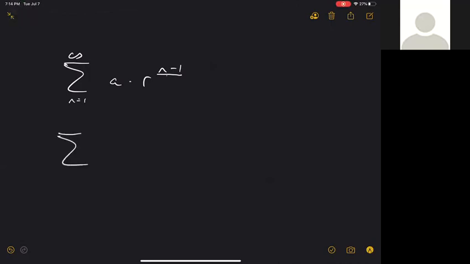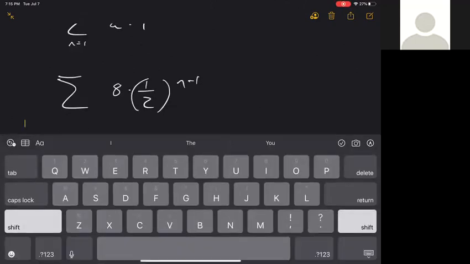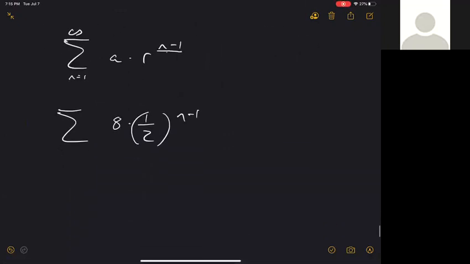So for example, if I had something like 8 times 1 over 2 to the power n minus 1, I see the only time an n appears is in this exponent, and everything else is constants. That's a common layout for the geometric series.